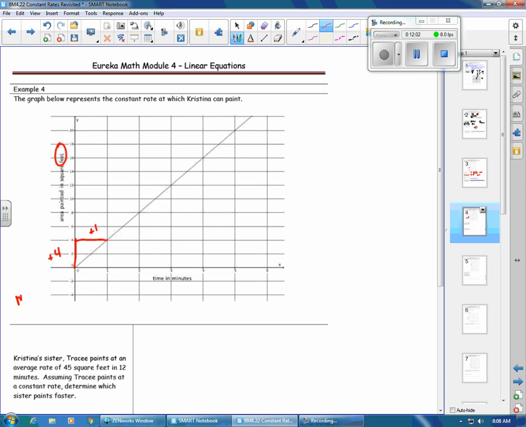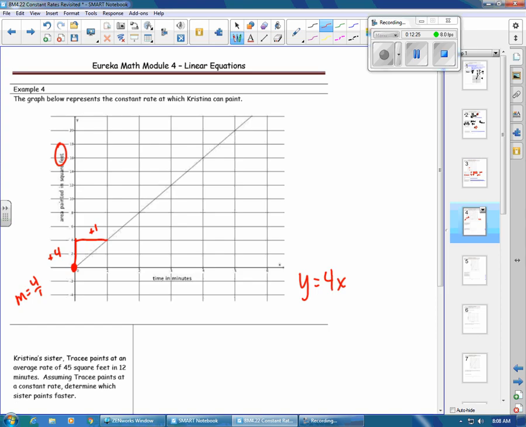So our slope here, rise over run, 4 over 1. So if I'm writing an equation, it's going to be y equals 4x. Again, it could be plus 0 because at 0 time she's not going to have anything painted. And of course you could have it as 4 over 1.